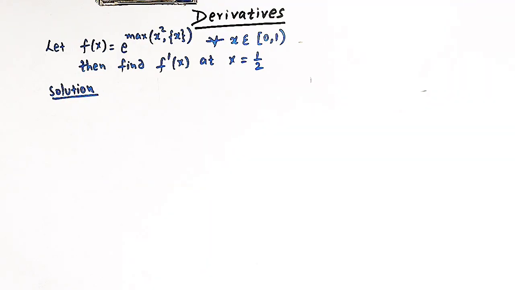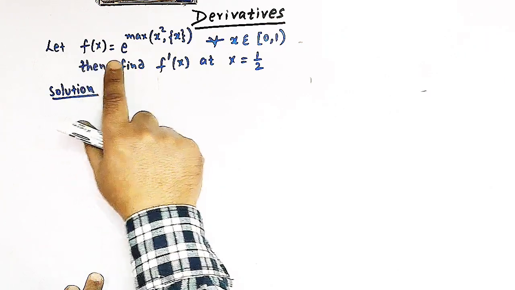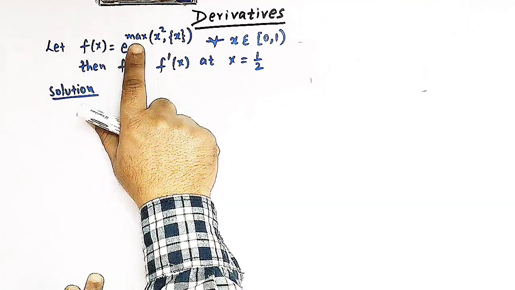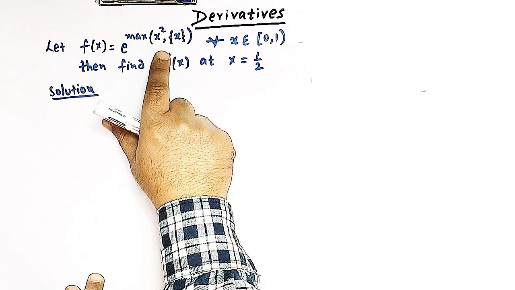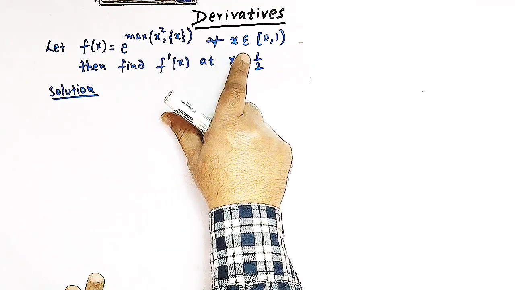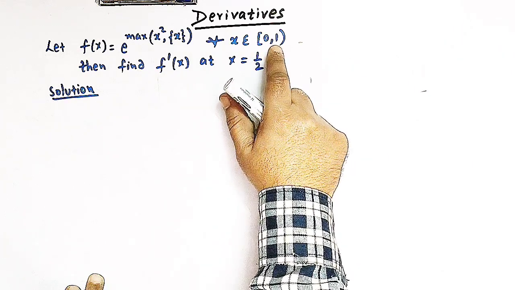Hello viewers, in today's session we are going to discuss an important and conceptual problem from derivatives, and here we are going to solve this problem where we are given a function f of x which is equal to e raised to a maximum of x square comma fractional part of x for all x belonging to the interval 0 comma 1.